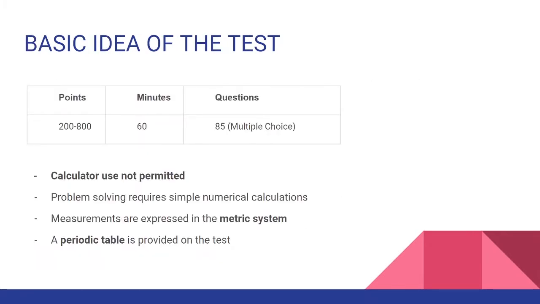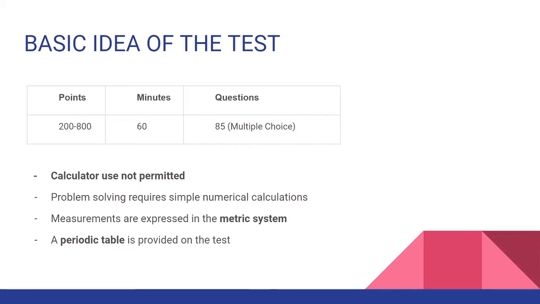Essentially you have a point scale from 200 to 800. You have 60 minutes and 85 multiple choice questions. In those, I think around 15 or 20 are relationship analysis questions, and the rest are all standard multiple choice. You're not allowed to use a calculator.